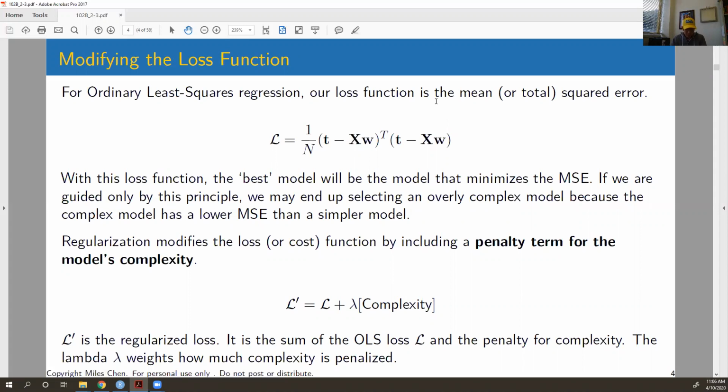So far, we've been using the least squares loss function, okay? Which means the way we measure how well a model is performing is we ask, what's the difference between the actual values t and what our model predicts? Our model predicts x times w. Our actual values are t, and we ask, what's the difference between t and xw?